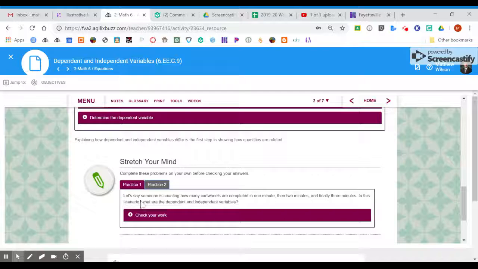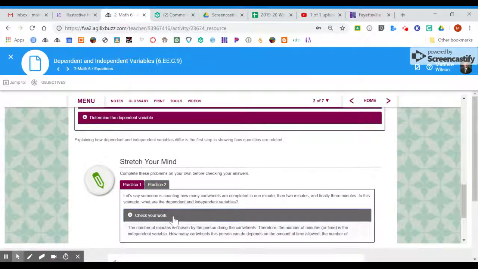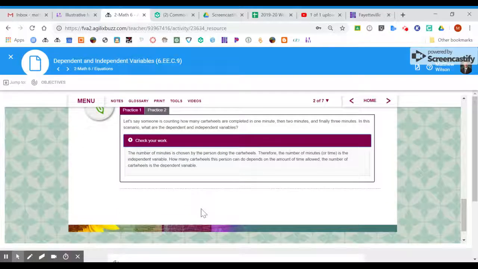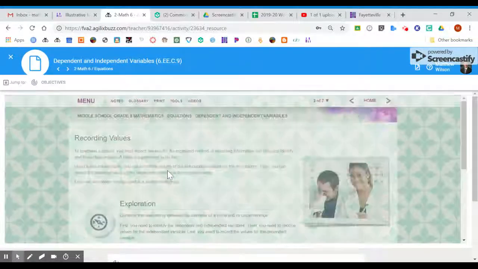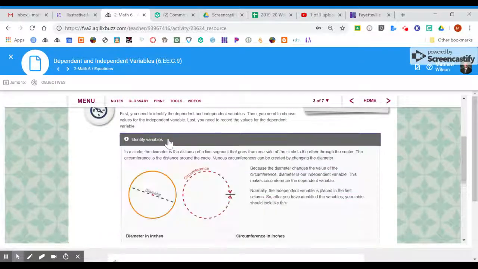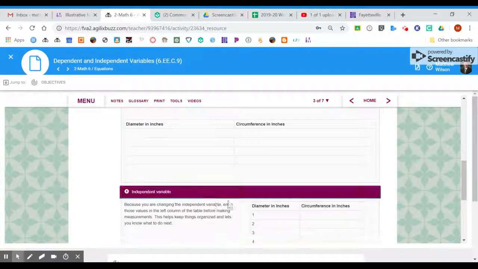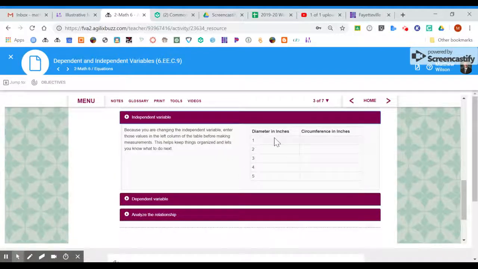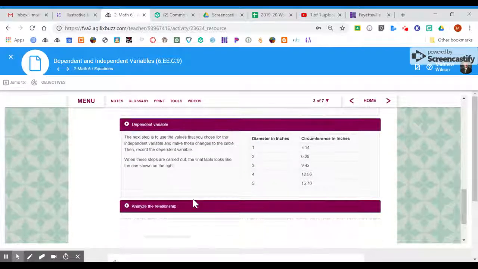You've got different scenarios, and I want you to be able to tell me, okay, I know this is going to be the independent and this is going to be the dependent. Or if you're given a table, diameter in inches versus circumference in inches, which one's the dependent and which one's the independent?